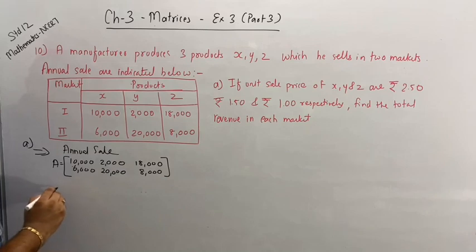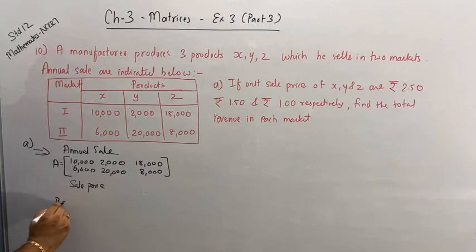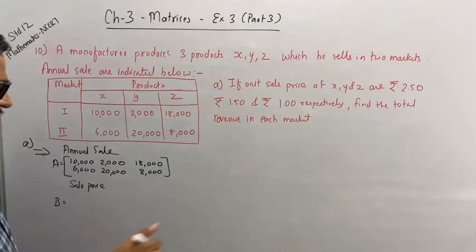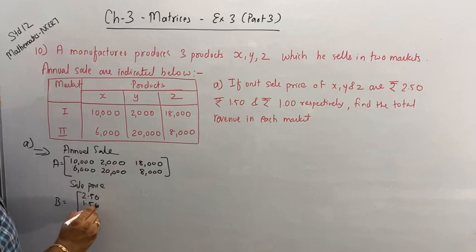Clear? And the matrix B for sale price. This we are taking in row form, so this will be in column form: 2.50, 1.50, 1.00.